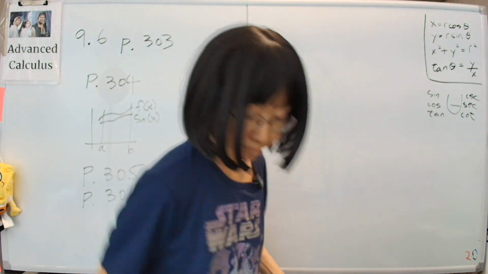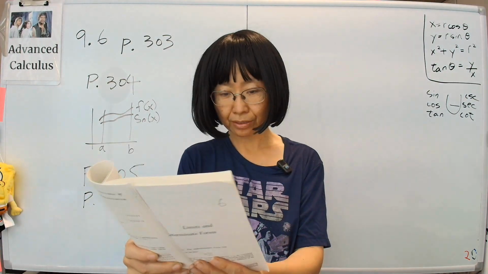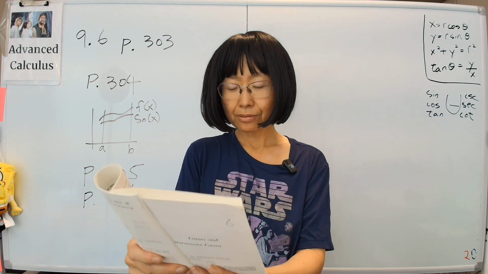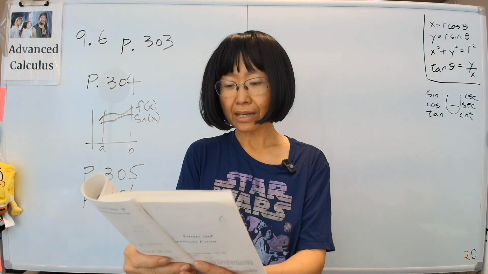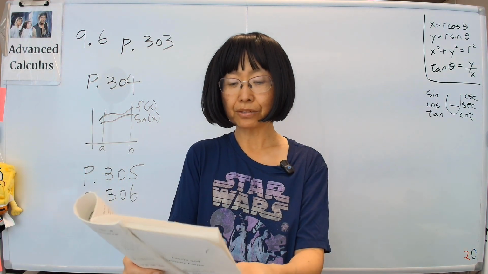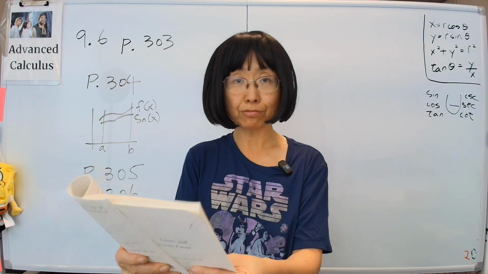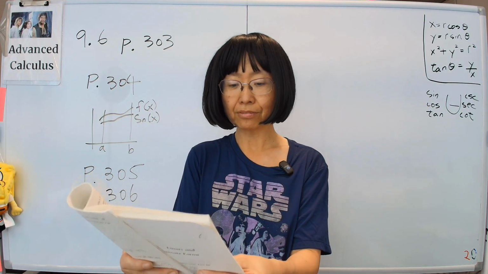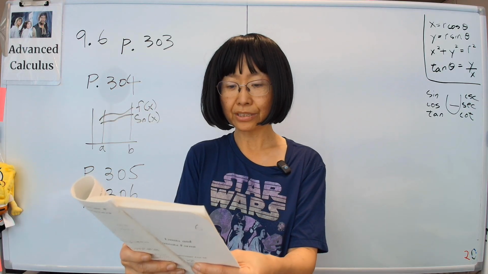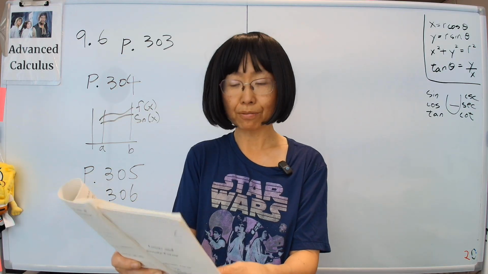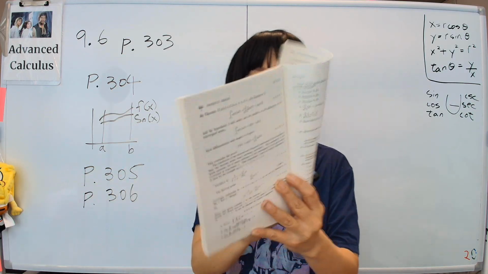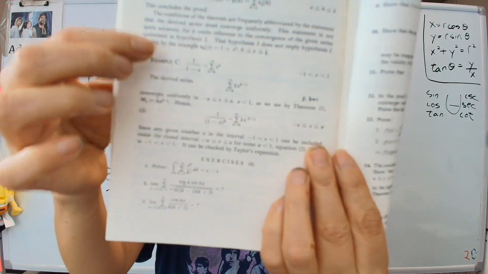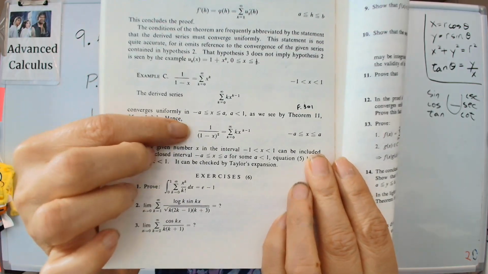And then let's see, what is this? Well, okay, so any given number within the range from -1 to 1, not including the endpoints, can be included inside some closed interval. Then the equation holds for any x from -1 to 1. That is, when you take the derivative of one side, of course, then you get this one.